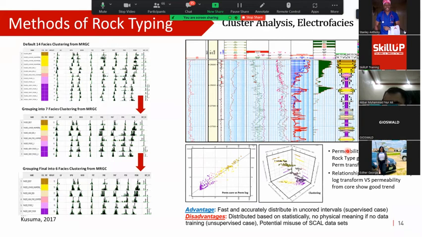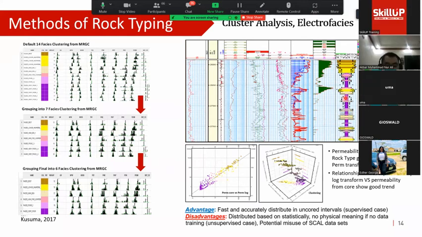It is good if you have good core data, a lot of samples for training, and then you can distribute the rock group based on the training from the core data. After the distribution is made, you can do any further evaluation like saturation height model, capillary or permeability prediction from this.